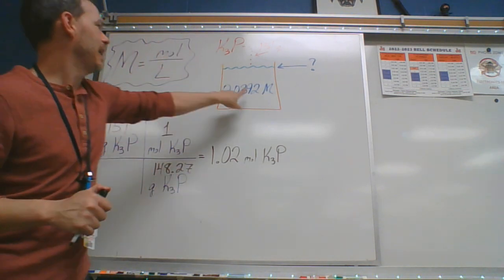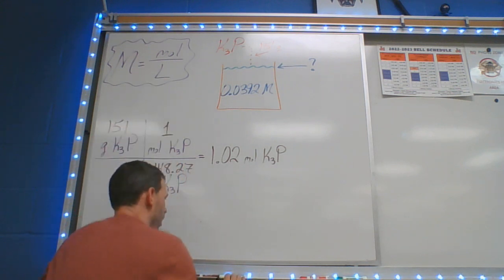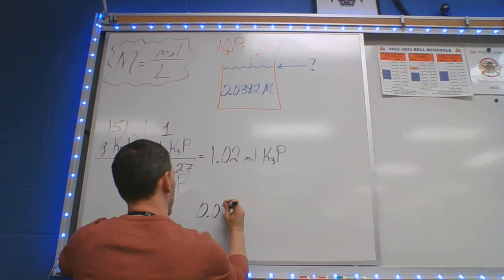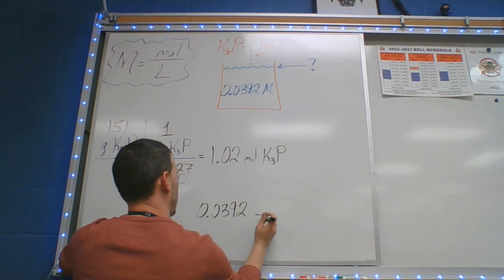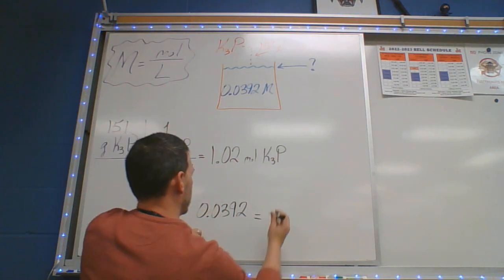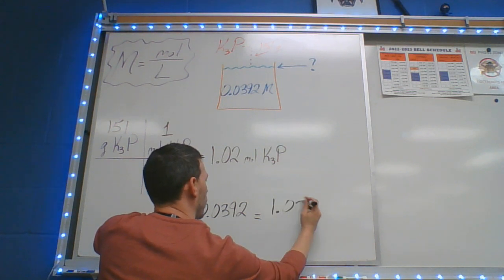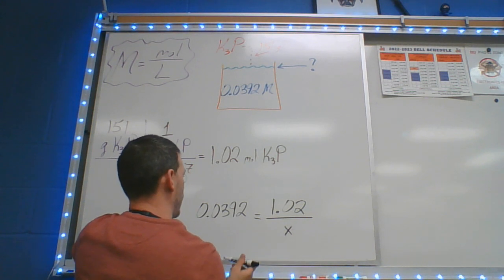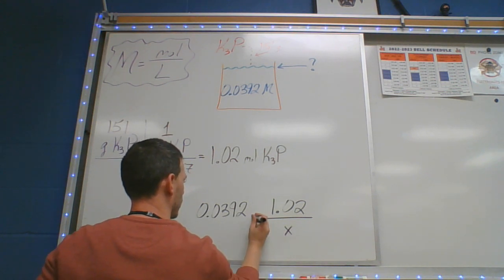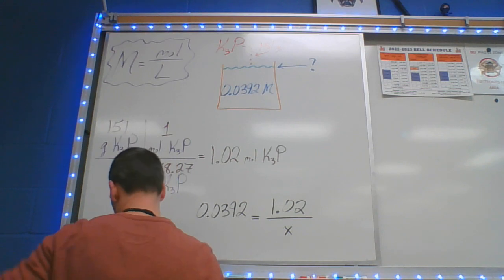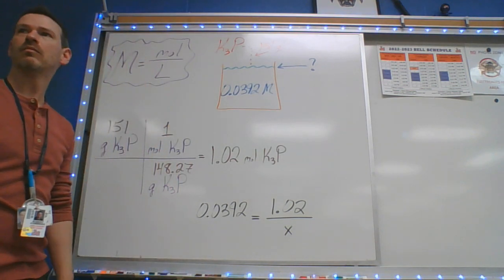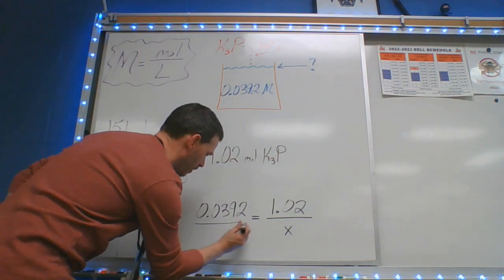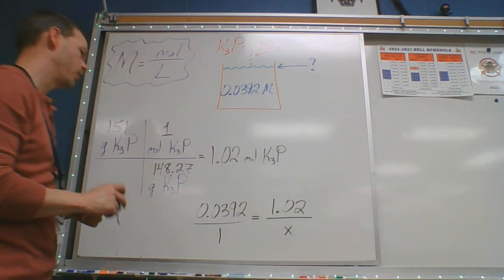The molarity is this tiny number here. So let's go 0.0392 equals. The moles is this number right here. We just found him. And the liters is what we're trying to find. All right, you can put this whole number over 1 and just cross multiply.